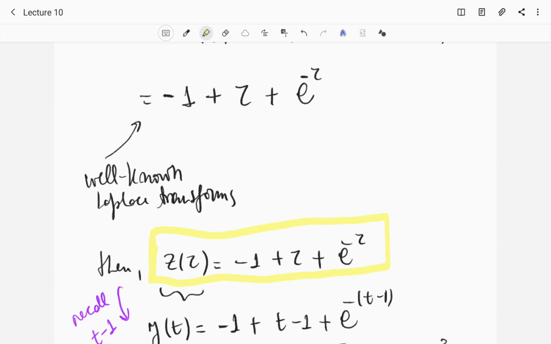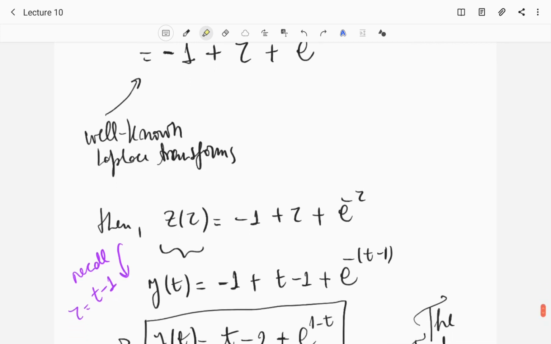So once we changed variables and found this new auxiliary function, at some point we want to go back and find again our original variable t and the original solution y of t.